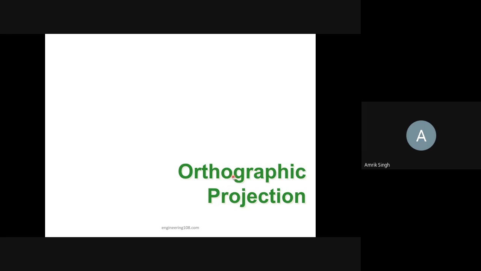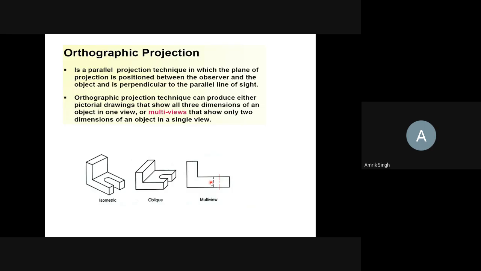The term ortho means the two lines are at 90 degrees. If two lines are at 90 degrees, it is known as ortho. The projection which is made by lines meeting at 90 degrees is known as an orthographic projection.